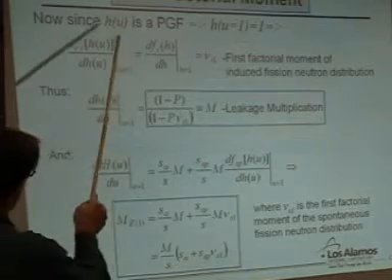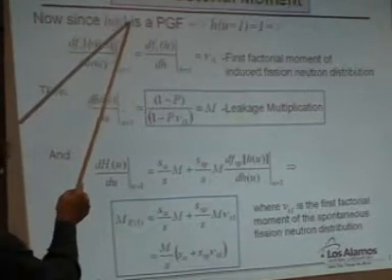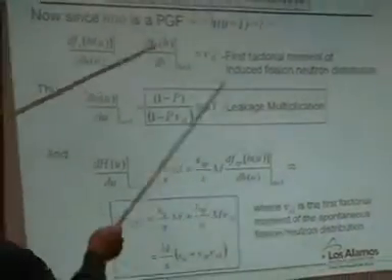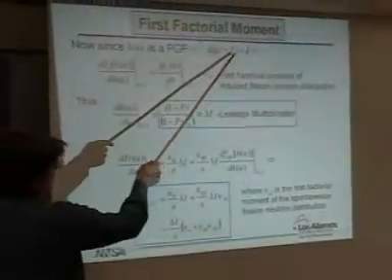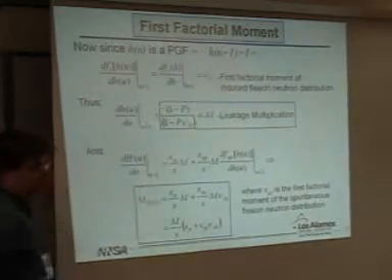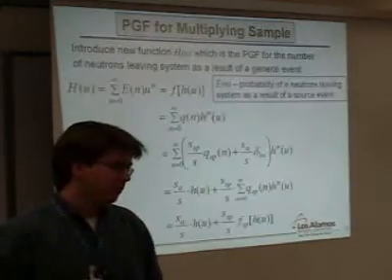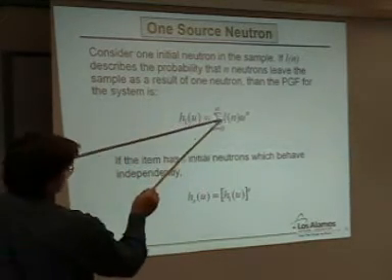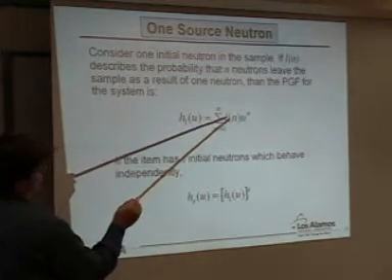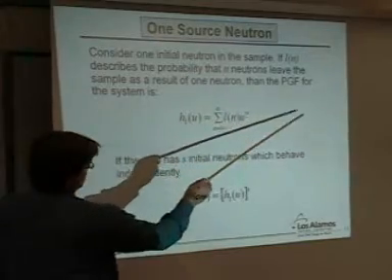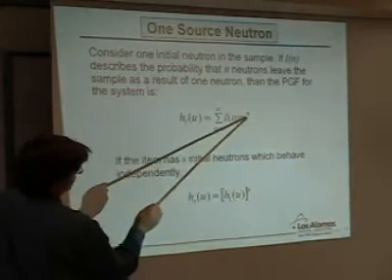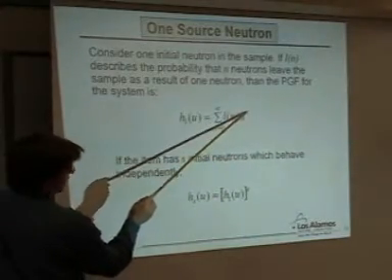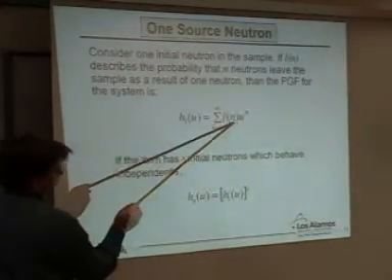One thing to keep in mind is, since h of u is a probability generating function, what does that mean? If I just set u equal to 1, h equals 1. Why? Let's back up a second. This is a series of probabilities. If I sum this out, this would be just L of 0, U of 0 plus L of 1, U of 1, etc. If I set U to 1, then all this is the summation of the probabilities.